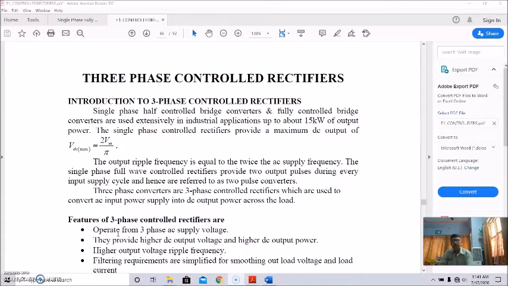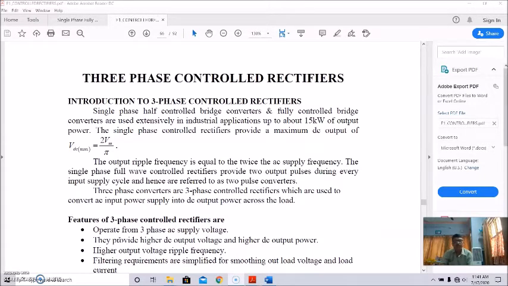So in this power electronics class, so far we have discussed single phase different types of converters, say half control, full control, half wave, full wave, with different types of loads, particularly starting from resistive load, then resistive inductive load, and at different values of inductive load, that is highly inductive, and low inductive value.